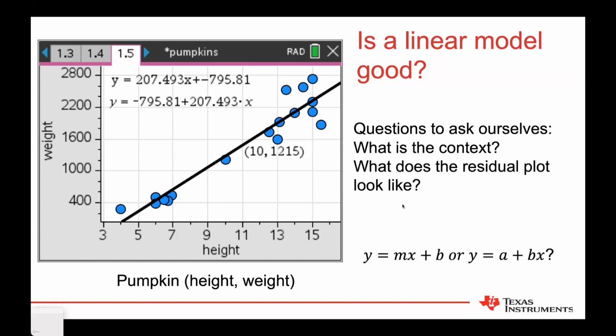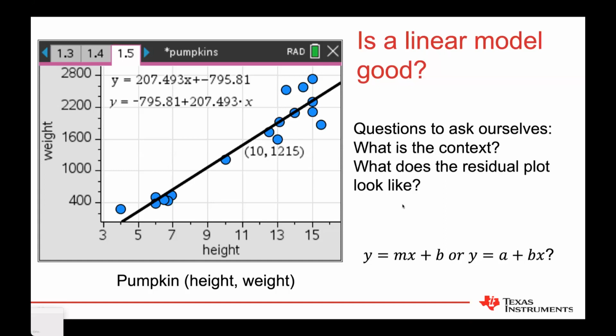I did put in here this little statement about y equals mx plus b or y equals a plus bx. Some of you might have wondered why both of those are in your 84 and your Nspire options for linear regression. That's because in the beginning, the statisticians working with TI told TI that regression is always done y equals a plus bx, and they put that on their very first calculator.